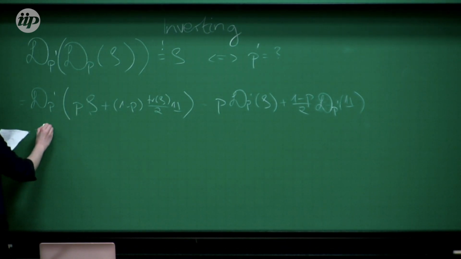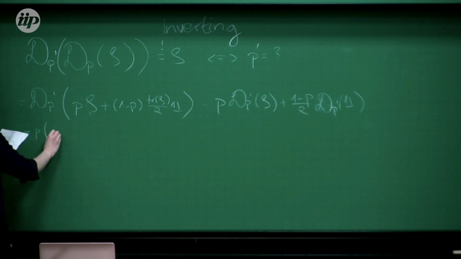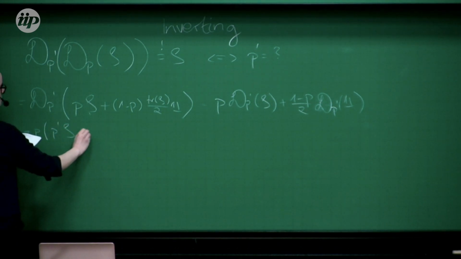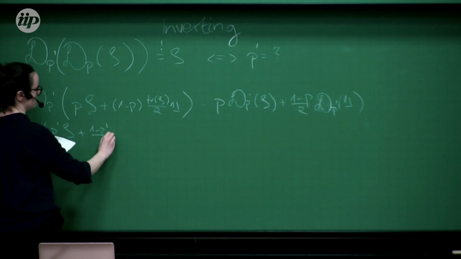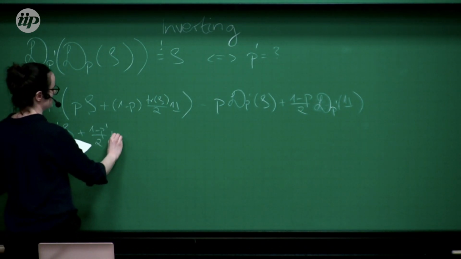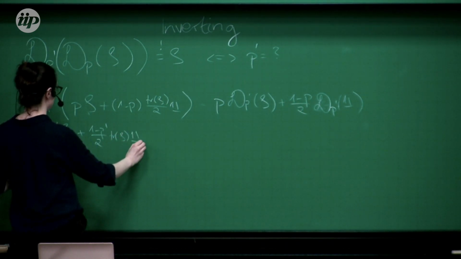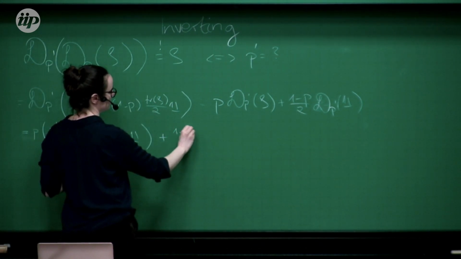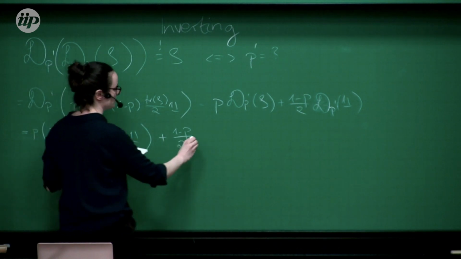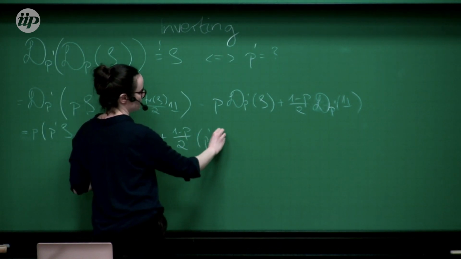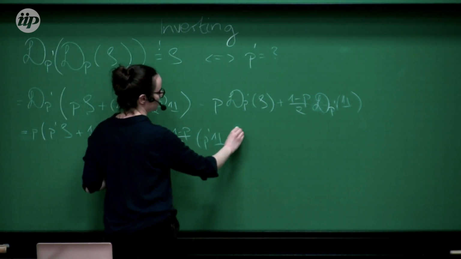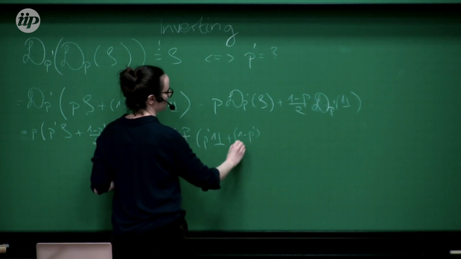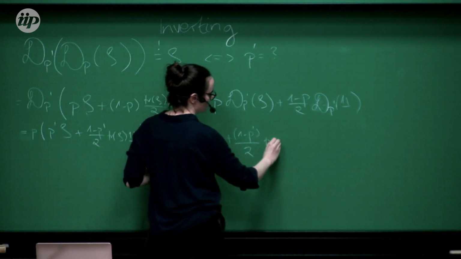So we have p times p prime times rho plus (1 minus p prime) over 2 trace of rho identity. This is the first term. And now we have the second term, (1 minus p) over 2 times p prime times identity plus (1 minus p prime) divided by 2 trace of identity.